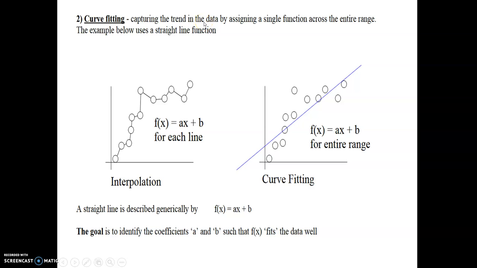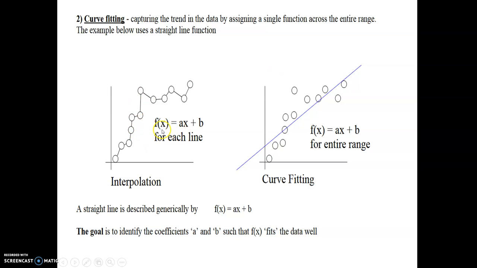Trend means whether it is linearly proportional or what. That trend is captured by assigning a single function across the entire range. You can see over here these are the data points. We have assigned a single function, we have drawn a single line over here: f(x) = ax + b.